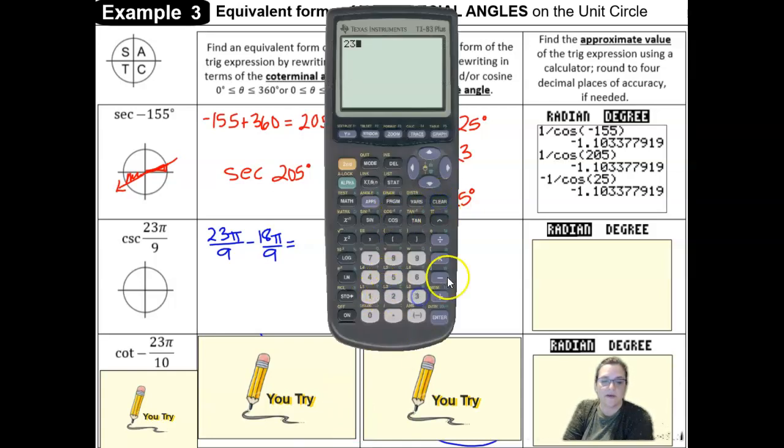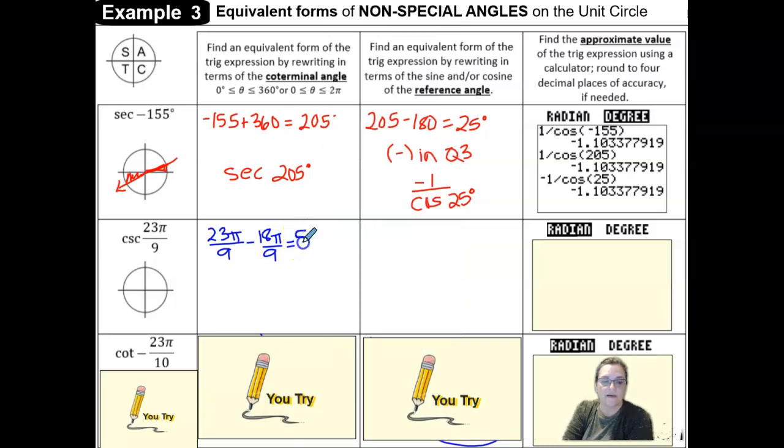And 23 minus 18 is 5 pi over 9. If half of the circle is 9 pi over 9, then a quarter of the circle would be half of 9, or 4.5 pi over 9, which makes 5 pi over 9 a quadrant 2 angle.